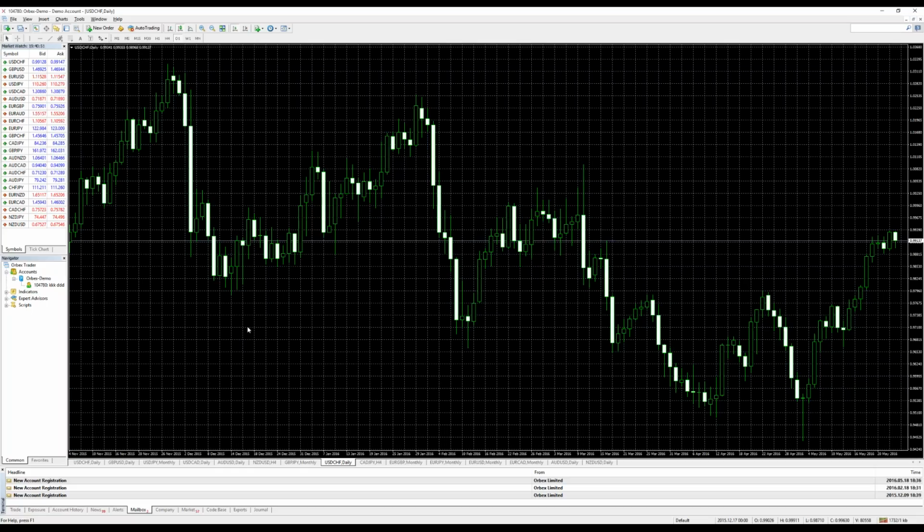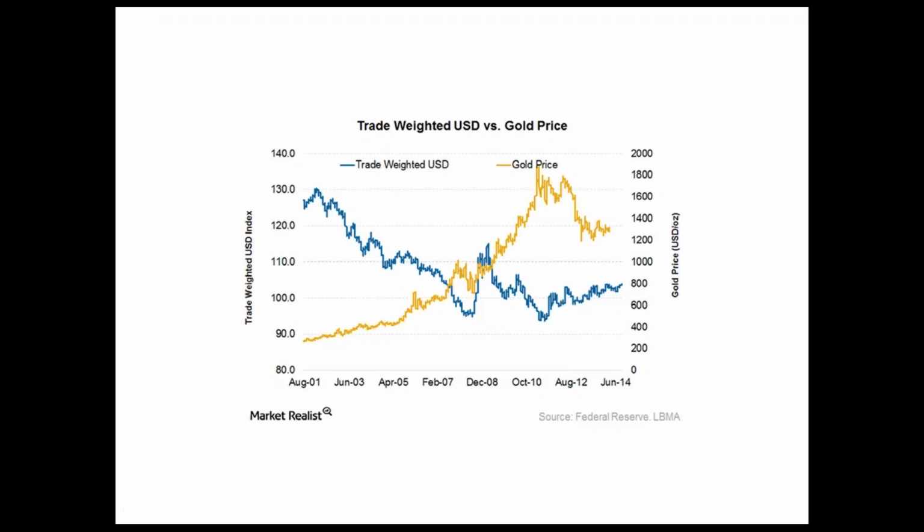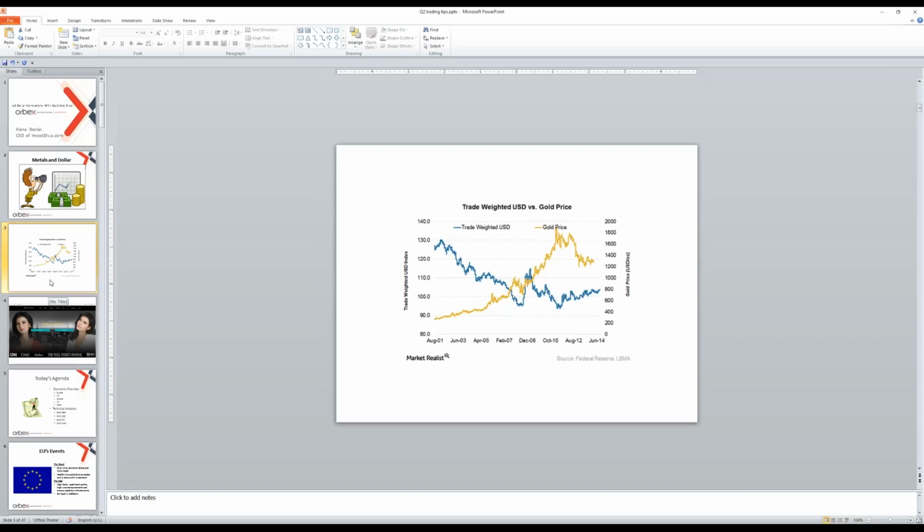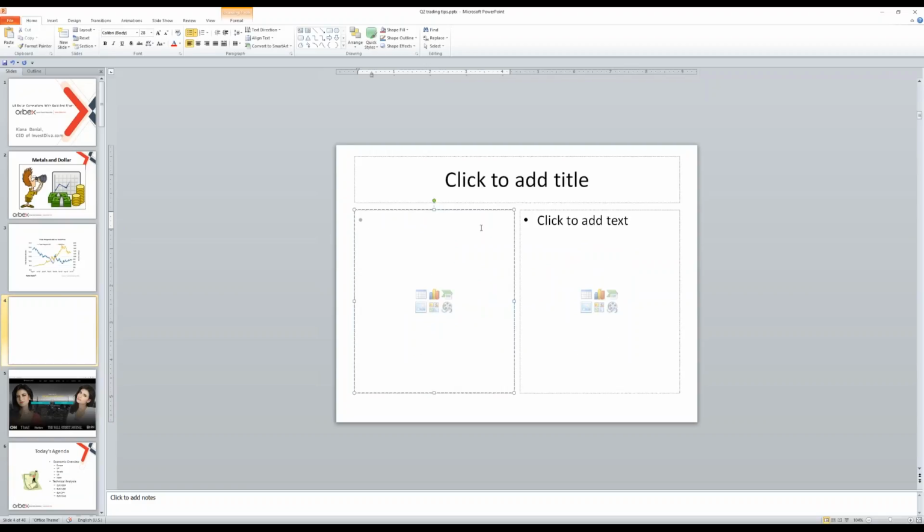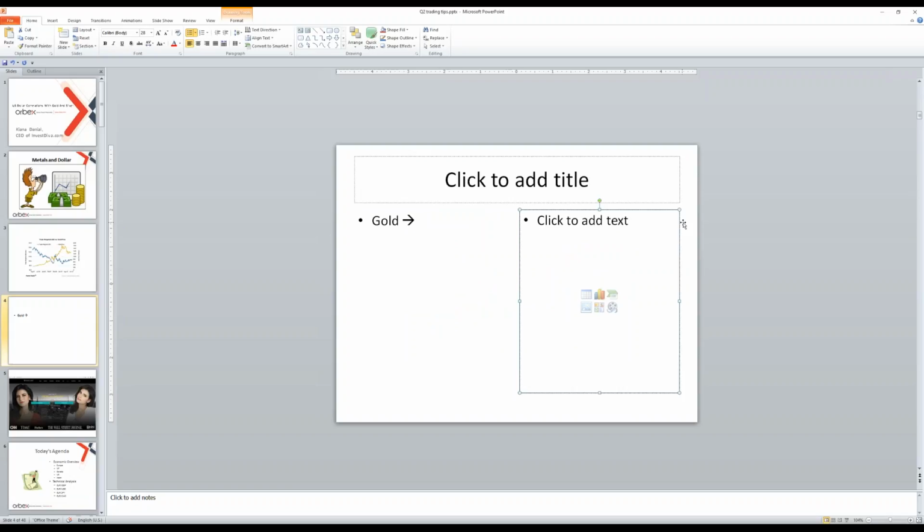So we're talking about gold prices. Let's actually write it down right over here so we don't get confused. So we're talking about gold prices going up. Let's do this over here, right?